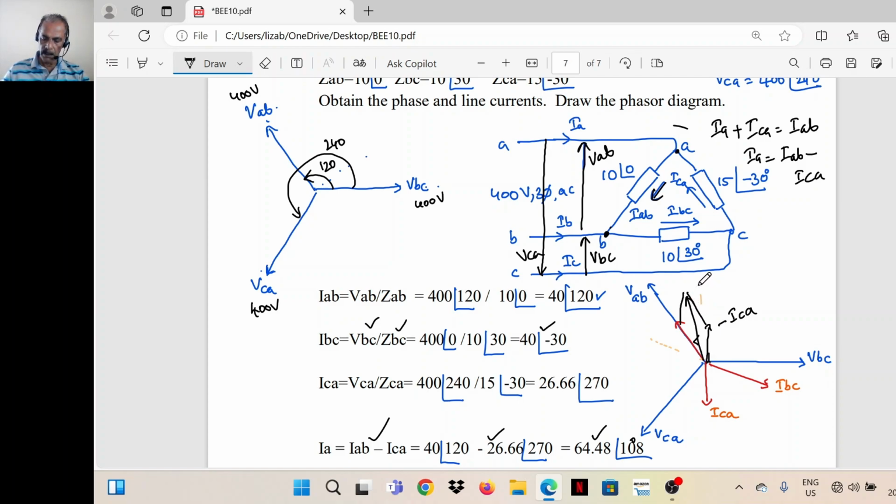This is IA, equal to IAB minus ICA. This is IAB. IAB plus minus ICA will give you IA. So it's an angle of 108 degrees.